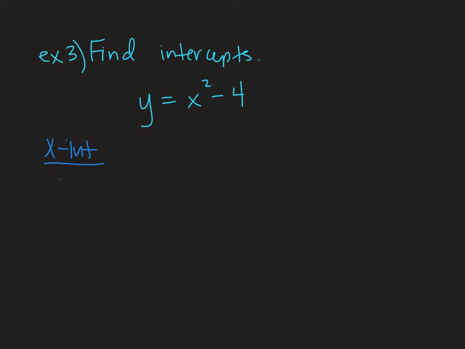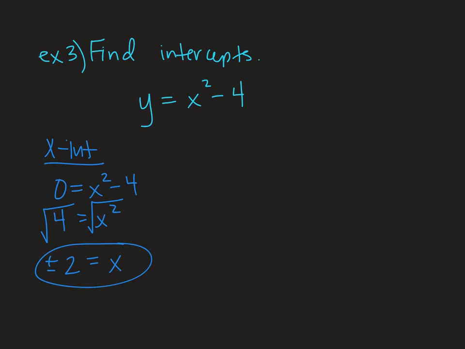So we're going to let y be 0. And then to solve this, I'm going to add 4 to both sides. And then we're going to solve this quadratic by taking the square root of both sides, so we're using the square root property. Remember your plus or minus because squared means we have two solutions. So positive and negative 2, that's where we hit the x-axis here.